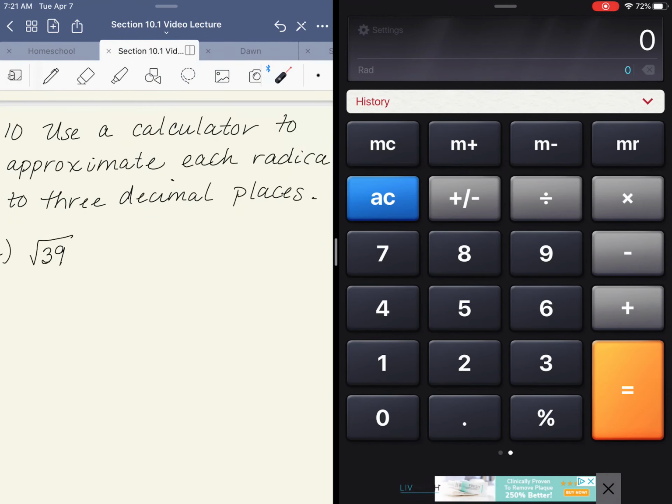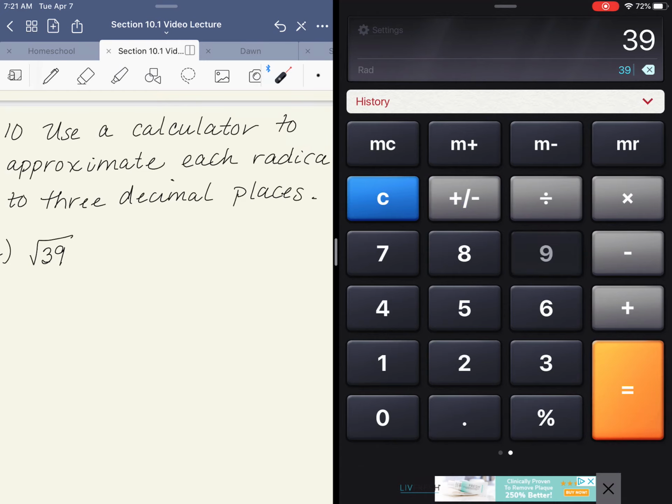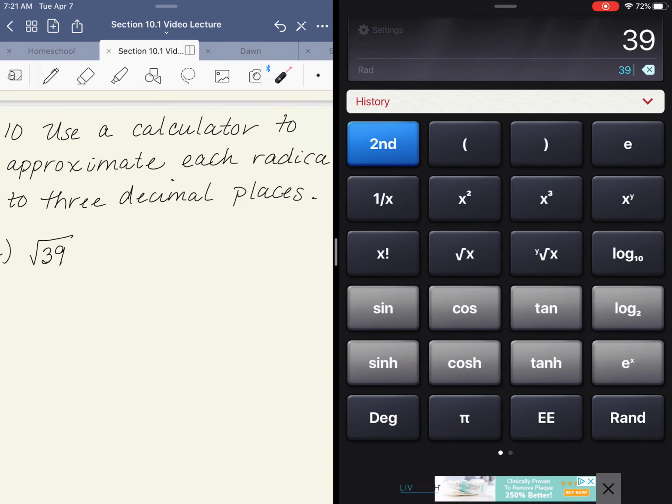Okay, so the square root of 39, if you're using the calculator on the iPad, you would punch in 39 first and then go over and tap your square root button. And so it tells me that that is 6.2449, and we want to round it to 3 decimal places. So it would be approximately 6.245.